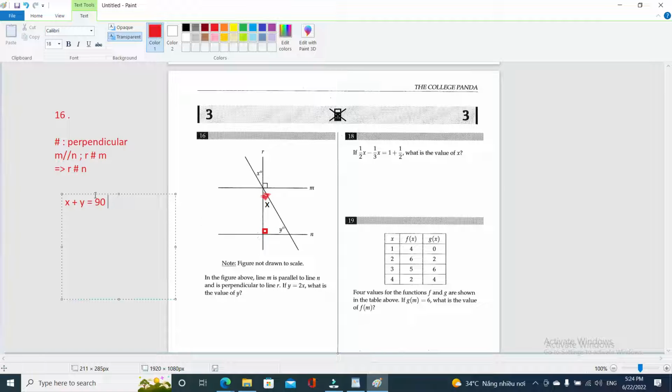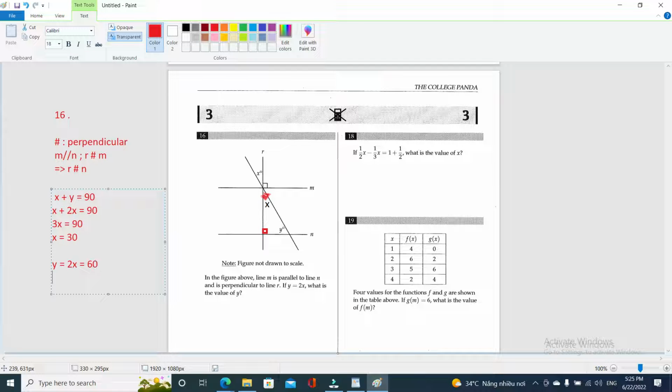So y equal to 2x. So x plus 2x is 90. So 3x is equal to 90. So x equal to 30. So y equal to 2x, which is 60.